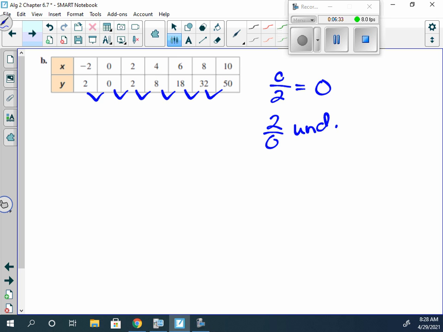We can't divide by 0. So that doesn't work, because if we have a common ratio, it has to be the same across every single number. And these outputs are increasing by 2, so there is a uniformity in that, so we can still do this if it had a common ratio.